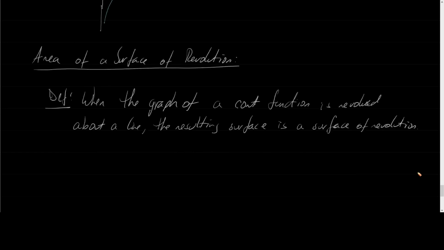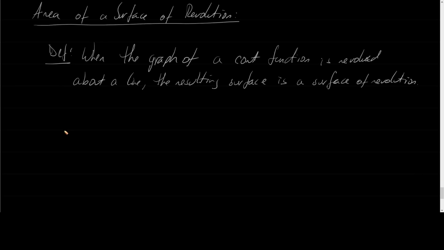All right. So essentially, what am I saying? Let's say that I had here this line, right? And I'm rotating about this line over here. So if I rotate that graph around this line, well, what do I get?